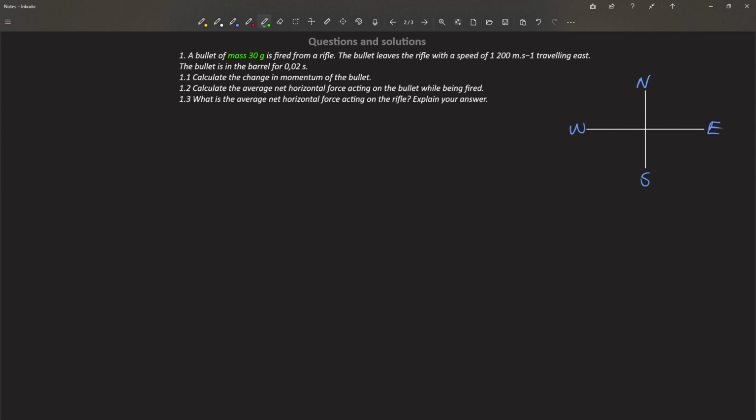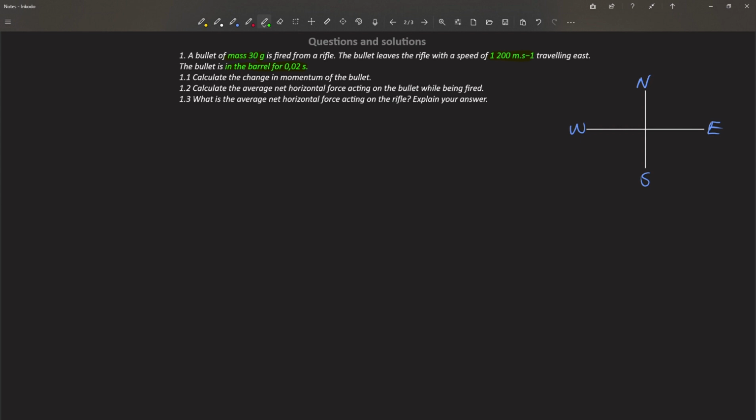The bullet leaves the rifle with a speed of 1,200 meters per second, traveling east. The bullet is in the barrel for 0.2 second. Let's read the first question: calculate the change in momentum of the bullet.